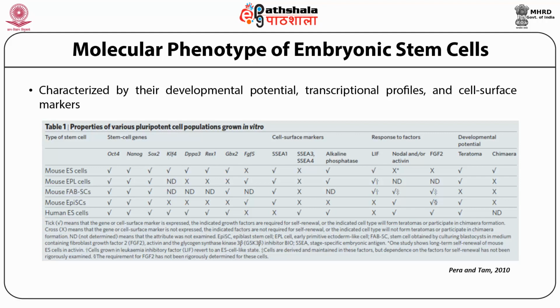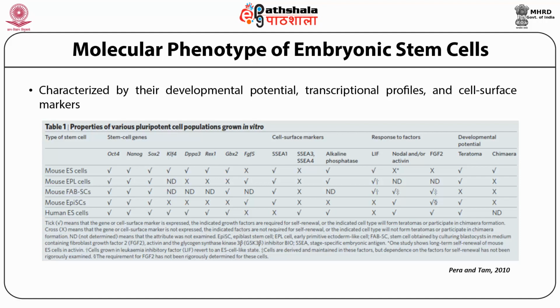And in terms of response to growth factors in culture, the human embryonic stem cells show no response towards LIF, which is leukemia inhibitory factor, whereas the mouse embryonic stem cells show a good response to LIF. We'll talk more about LIF in the next few slides.